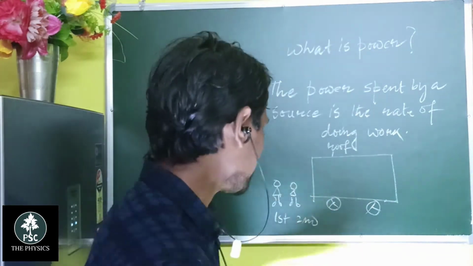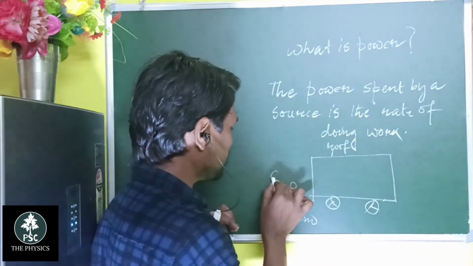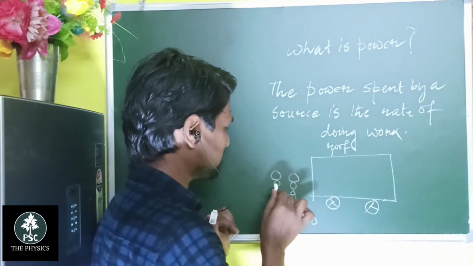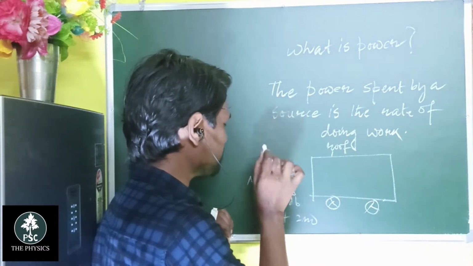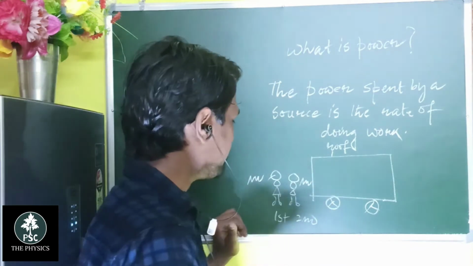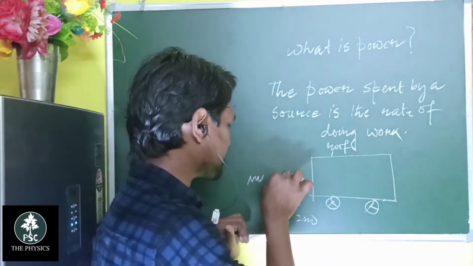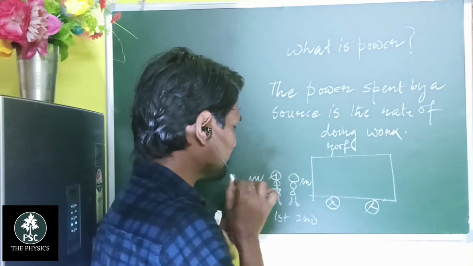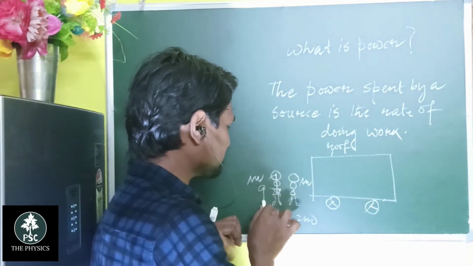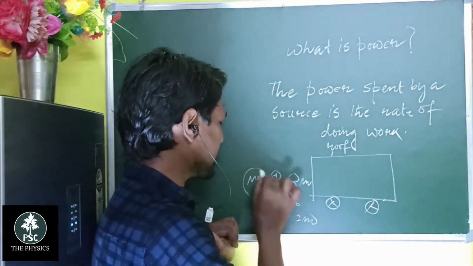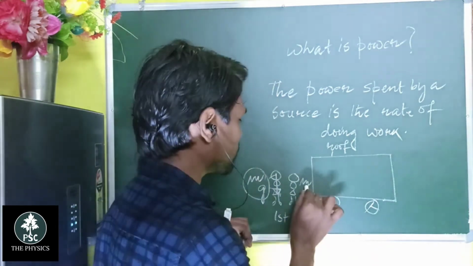The load is the same: the mass of this one is m and this one is m, so the load is mg, where g acts downward, and here it is also mg.